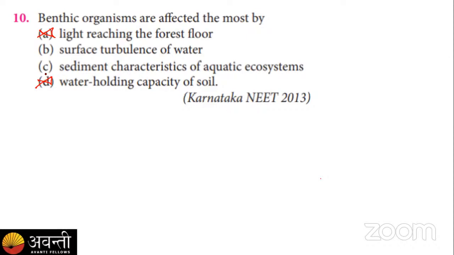See, as the organisms are present at the bed of the aquatic system, there is no effect of the surface water. So the only option which supports our question is the sediment characteristic of aquatic ecosystem. That means how much sediment is being produced, or how much eutrophication is happening in the aquatic ecosystem. That will affect our benthic organisms. Okay, now move to the next question.